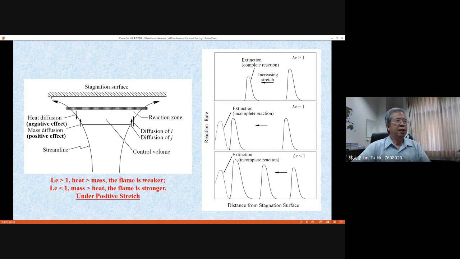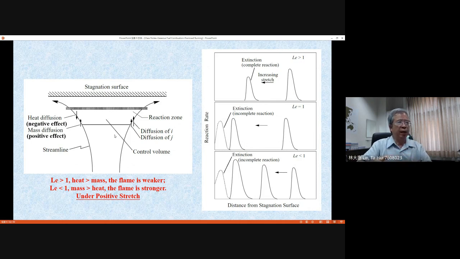If you consider a virtual stagnation plane, not a stagnation surface, between two jets, then there is an identical flame on the other side, a double flame, and both flames experience the same situation as one flame in a stagnation point flow.